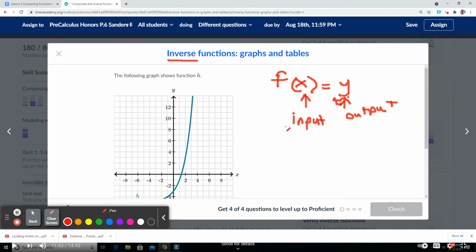Whereas the inverse function flips it around. So if we have f inverse, and that's the inverse idea of the function, so we'll call it y, out comes the x. So it goes the other direction.